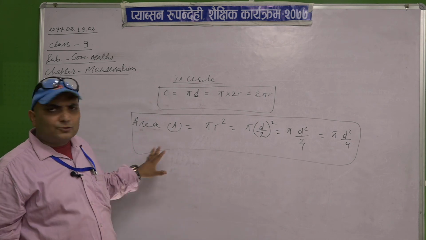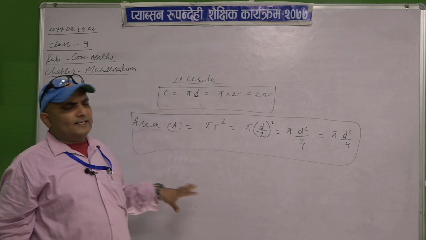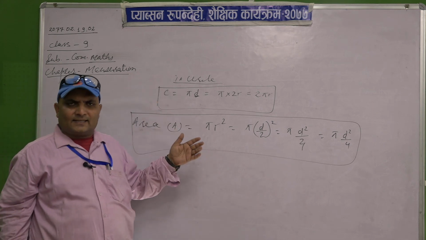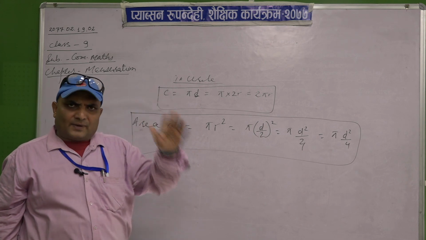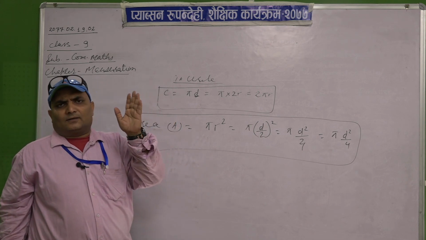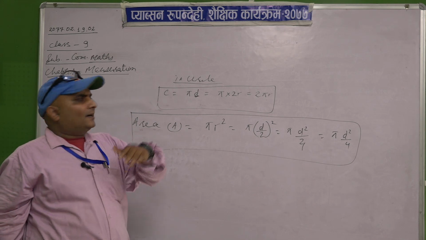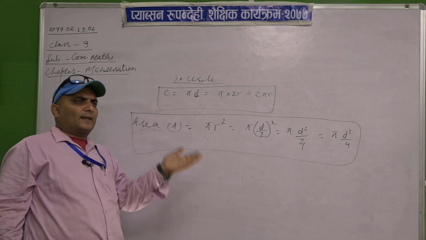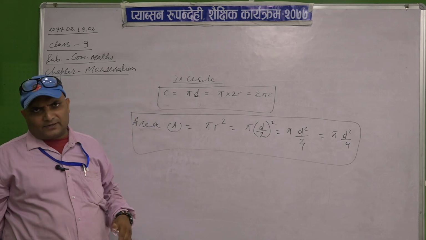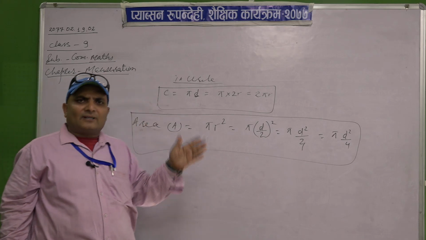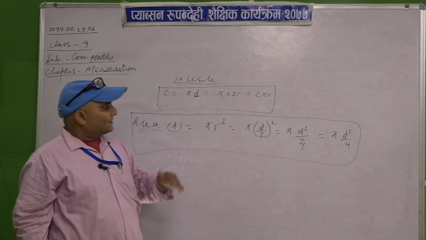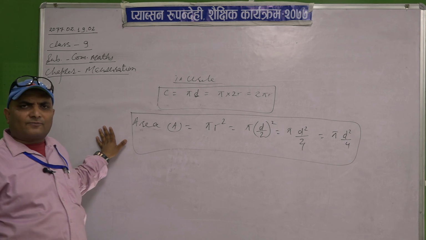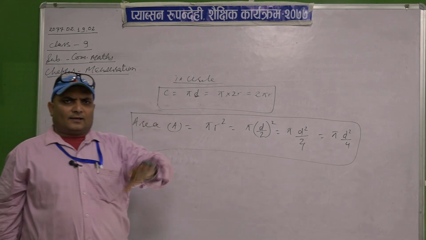Again you revise today's class, what we have discussed about mensuration, types of figures, which types of figure are plane figures, which are solid figures, and in plane figures what types there are, one sided plane figure and 3 or more sided plane figure, what is perimeter, what is area, similarly what is diameter, what is radius, what is circumference. Revise all of this.